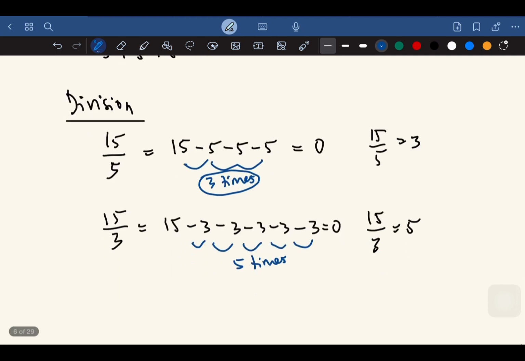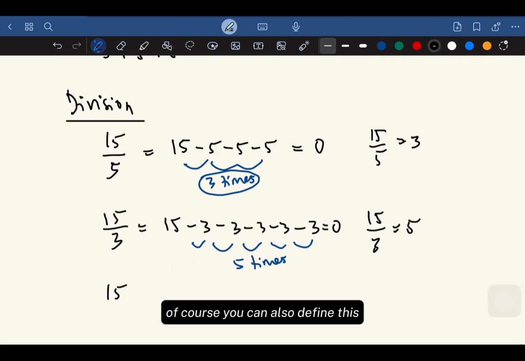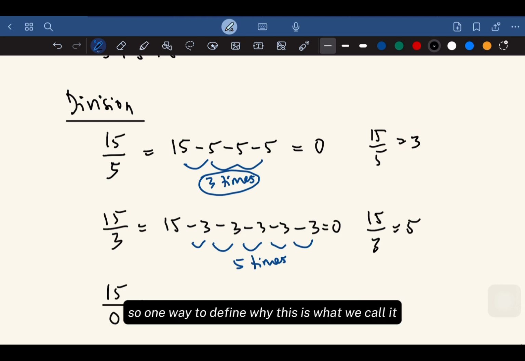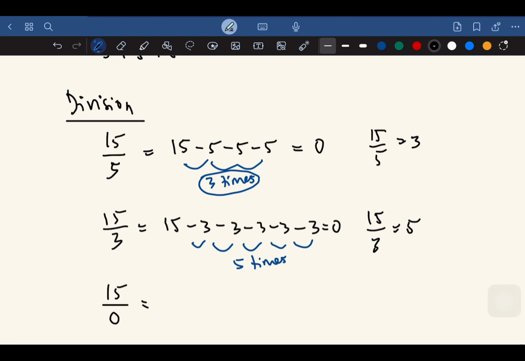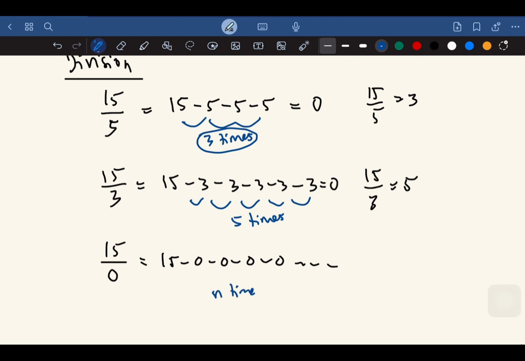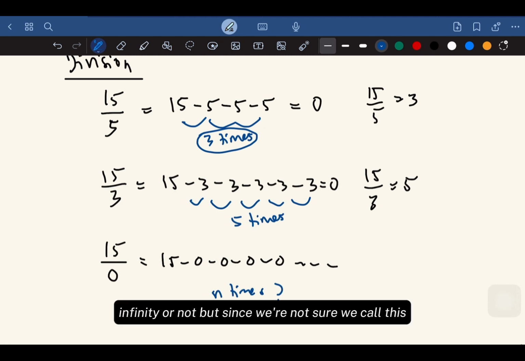Now, of course, you can also divide by 0. What will happen? One way to define why this is what we call undefined is because what we are doing here is computing how many times we can subtract. Infinity or not?